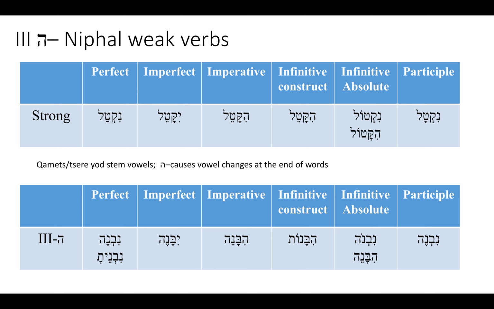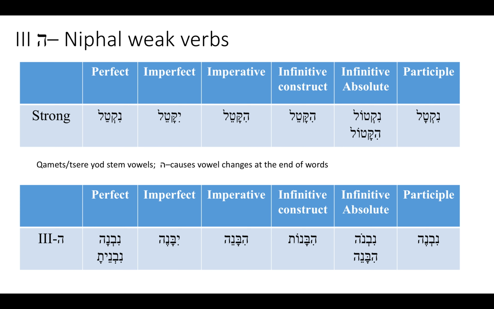With third he Niphal weak verbs, we have similar changes that happen with Qal third he verbs as well. In these situations, the main thing that happens is the third he that is part of the root of the verb is replaced by a he vowel letter. If you remember that occurring when we talked about the Qal weak verbs. So that's going to cause slight changes in the vowels at the end of the verbs especially.